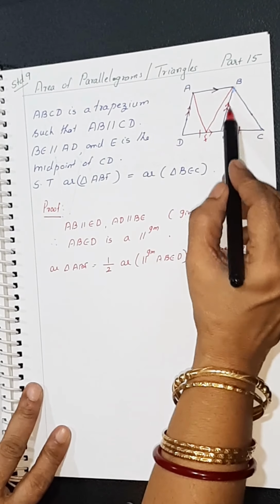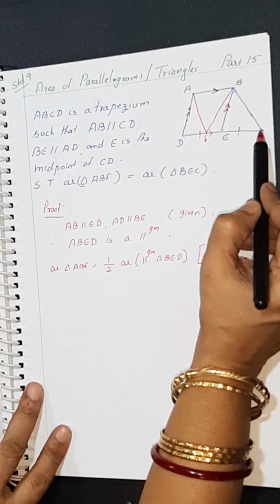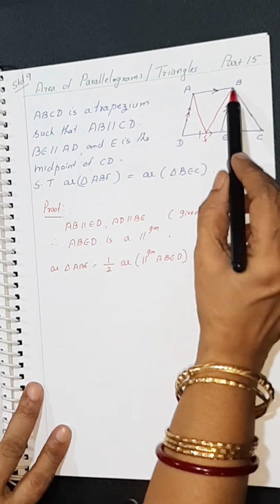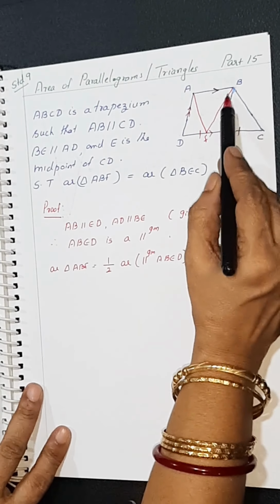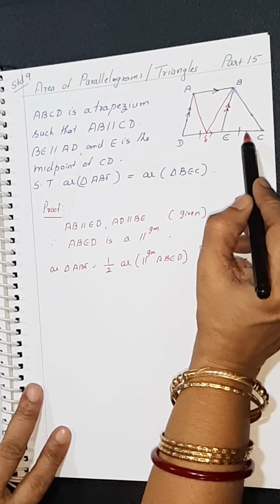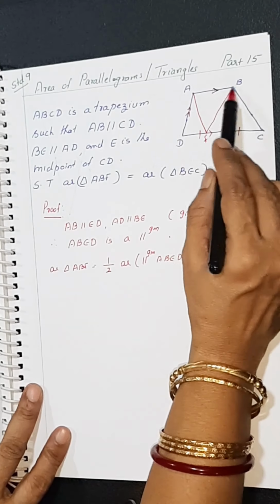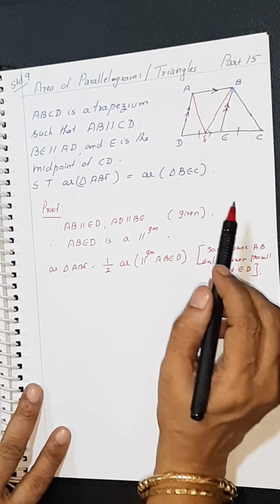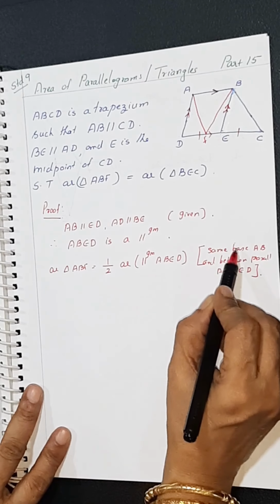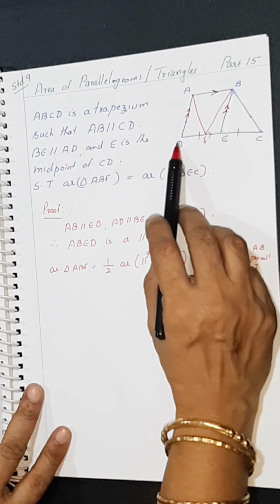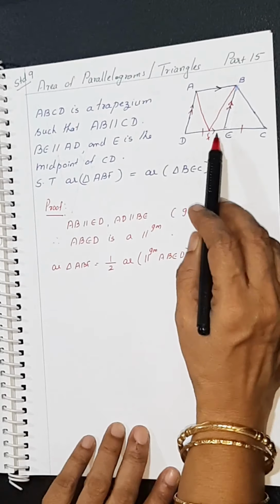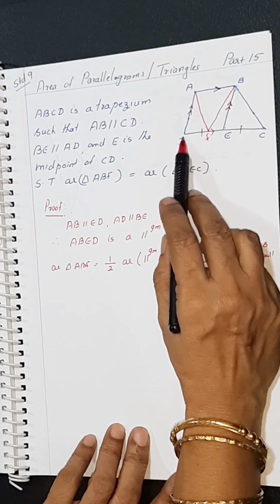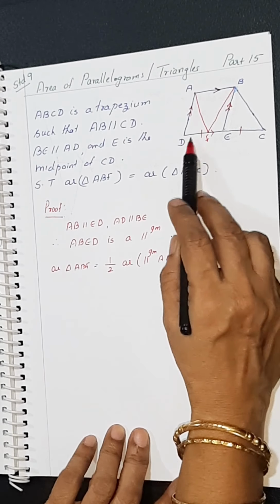Now we will consider this triangle BEC. Again, BE and EC lie between the same parallels. We have learned that it should be the same base, but we have also learned a corollary for the same theorem that it can be either the same base or equal base.